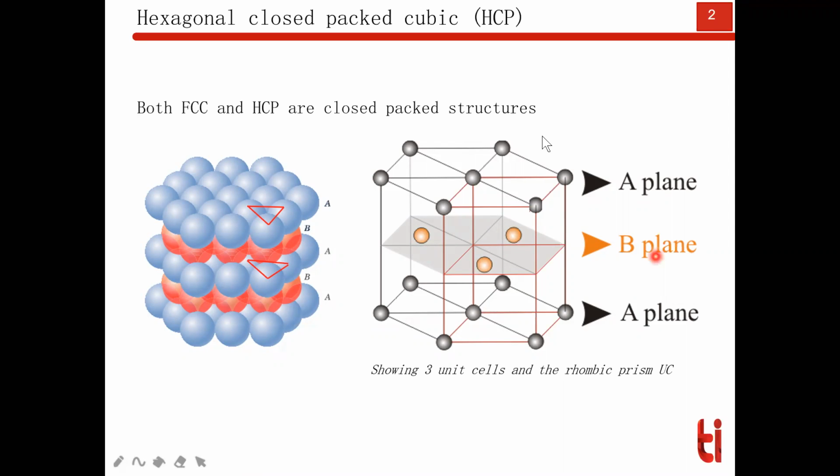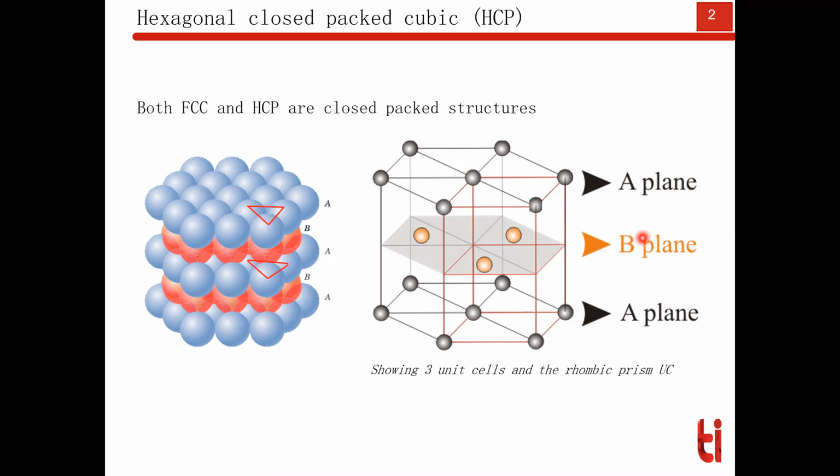So this geometry now you can define as, since this basal plane and the top basal plane are identical, so it is A plane, and your central plane is different from the basal one, so I define it as B plane.